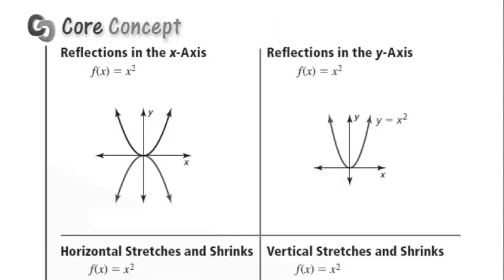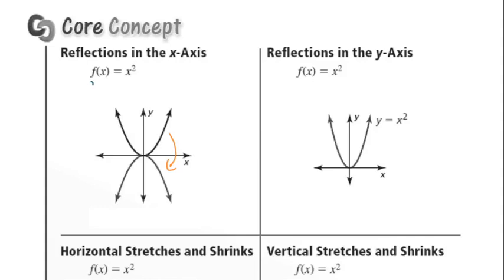Reflections. Reflection in the x-axis, reflection in the y-axis. If it's a reflection in the x-axis, remember that is an outside transformation. The reflections feel backwards, because to go across the x-axis is a vertical thing.